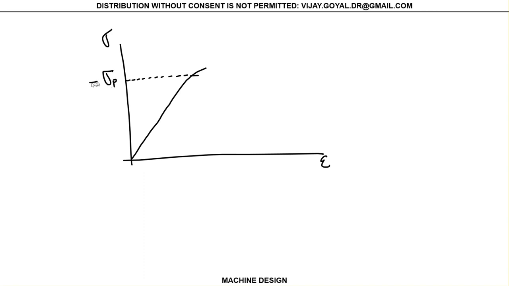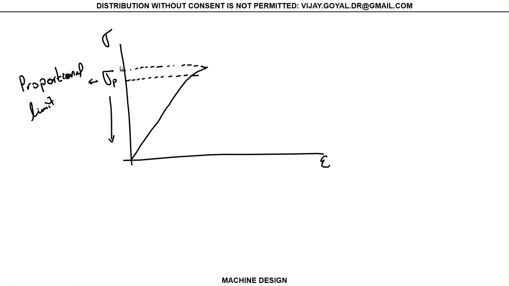So this is the proportional limit, and any stress below this will be completely valid. Do understand that it's elastic because we have not exceeded your sigma yield.